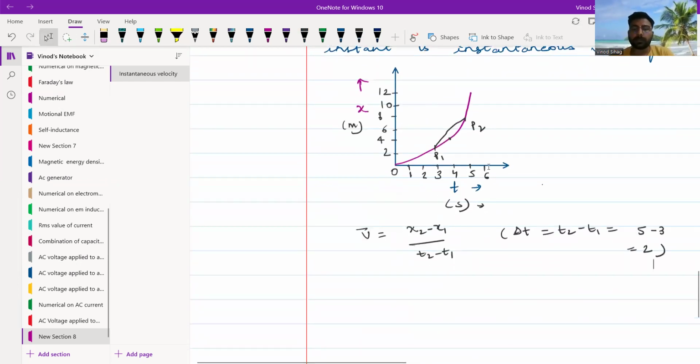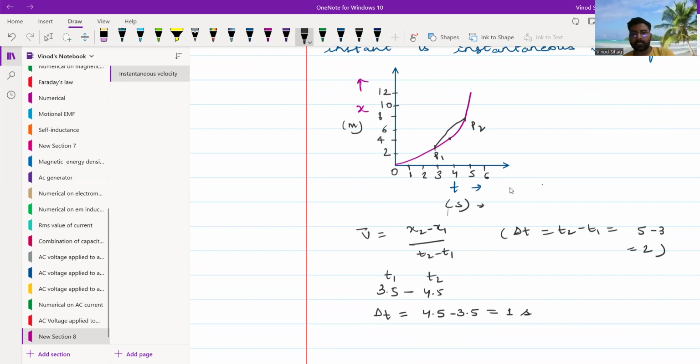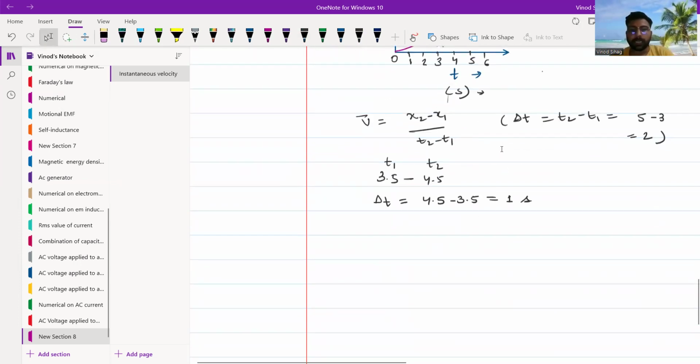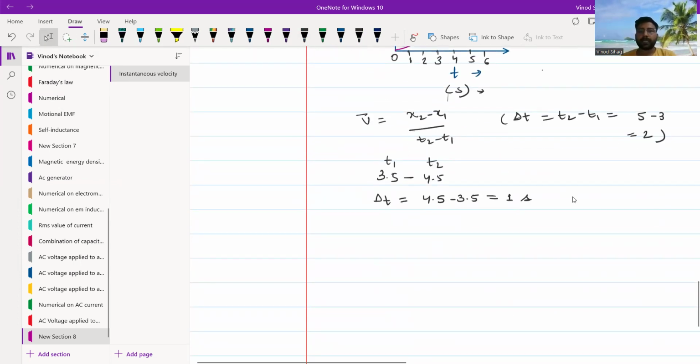So we'll get some velocity, but that will not be the instantaneous velocity. So we reduce the step size, that is the time difference, to less than 2. Let's say t1 and t2 are 3.5 and 4.5. So delta t becomes 4.5 minus 3.5, which is 1 second.